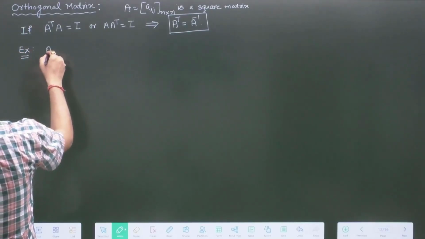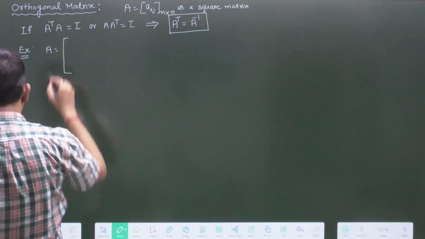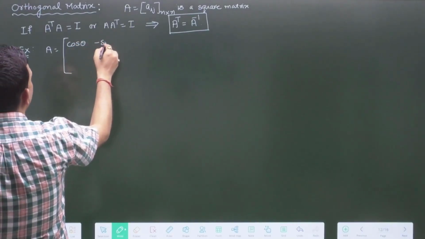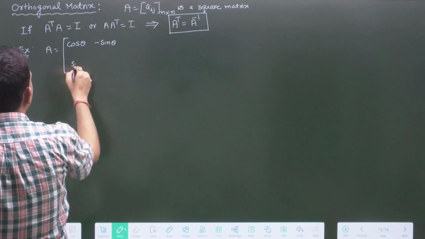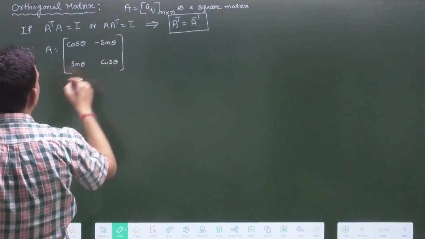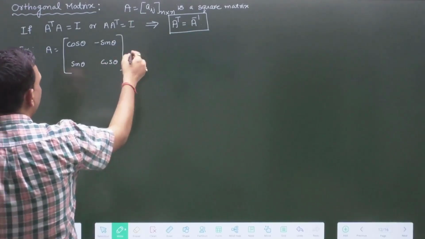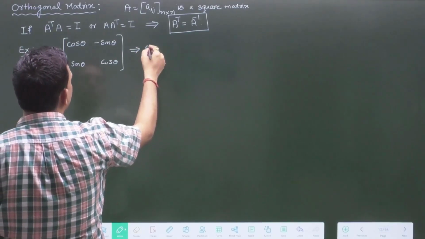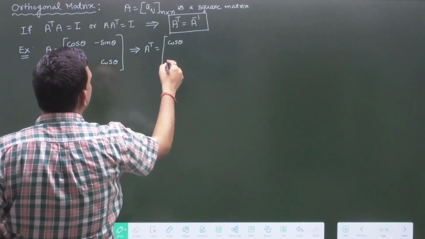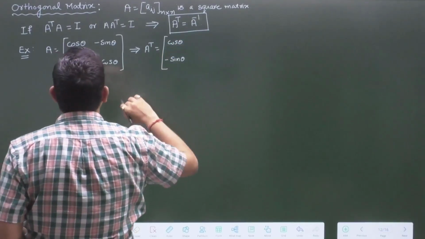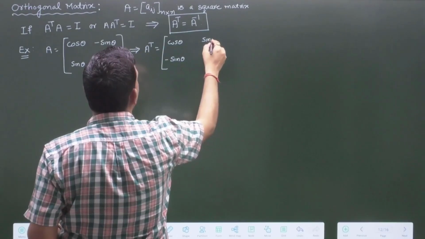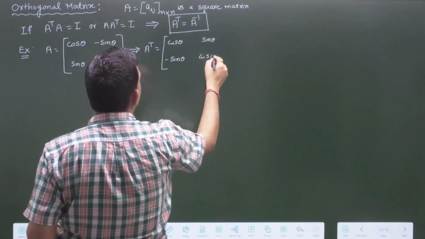For example, I am taking this example: cos theta, minus sin theta, and this is sin theta, cos theta. So what will be A transpose? A transpose will be cos theta, sin theta, and then minus sin theta, cos theta.